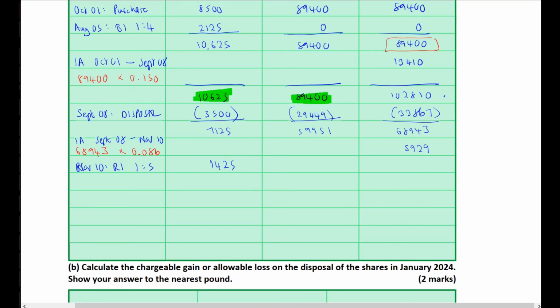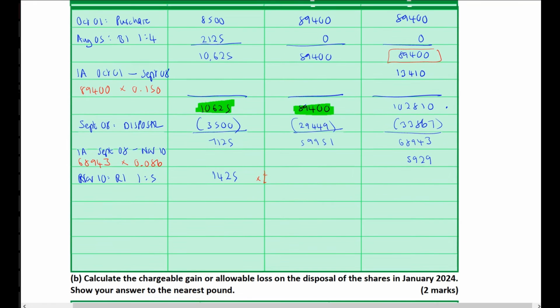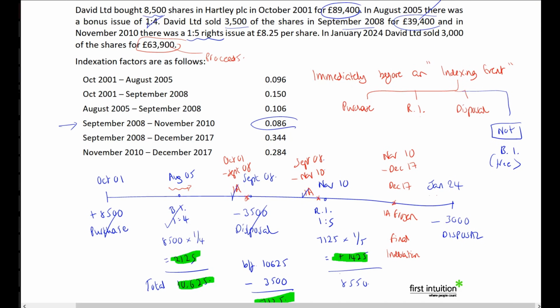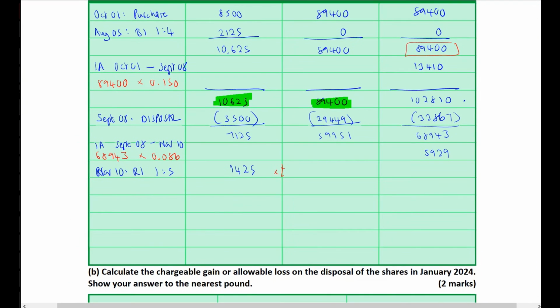But the rights shares are not for free. The rights shares cost money. So each of these shares that you are purchasing have a cost attached. And I was told in the question the rights shares cost £8.25 each. So that's 11756, and that's added to the cost and the index cost column.